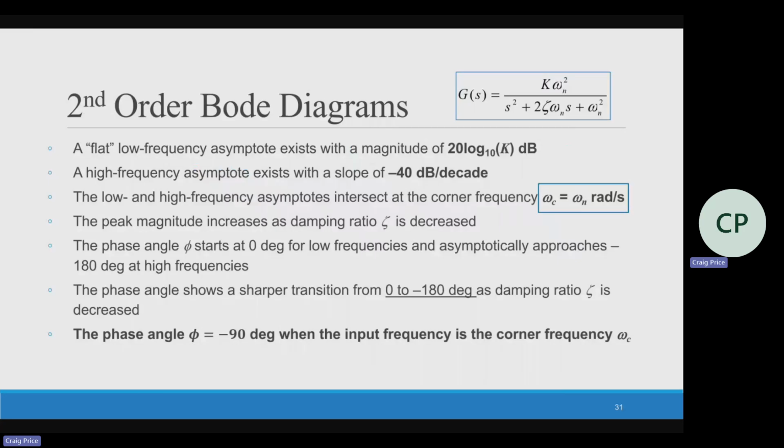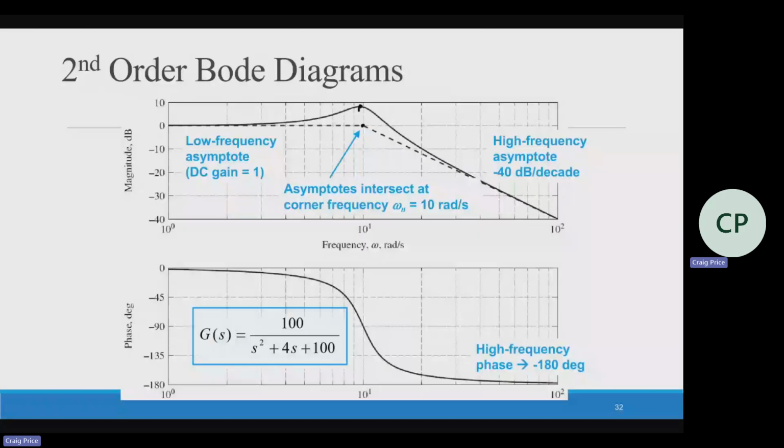The phase angle, again, goes from 0 to negative 180, and we'll talk about how that affects the slope. But the phase angle hits the halfway point, negative 90 degrees, when we're at the corner frequency or natural frequency. That's also a similar rule, it's just that our scale is doubled. So we hit the halfway point at the corner frequency.